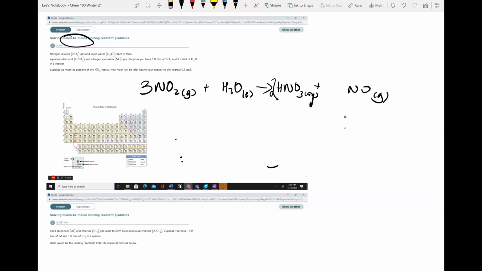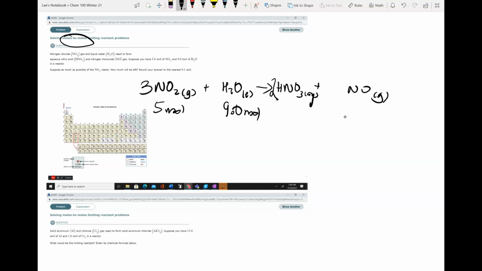Now I have a balanced equation, which means I can now get correct mole ratios. Then it says, suppose you have 5 moles of NO2. So I've got 5 moles of that and 9 moles of water. Everything looks like it's going to be 2 sig figs, by the way.